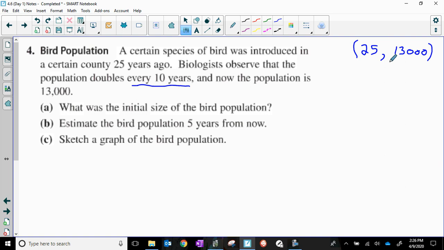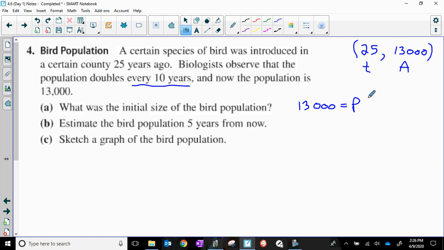So I can have an equation where this is my t, and I'll just call this A to stay with A equals PERT. I can go with 13,000 equals that initial population, which we are looking for.